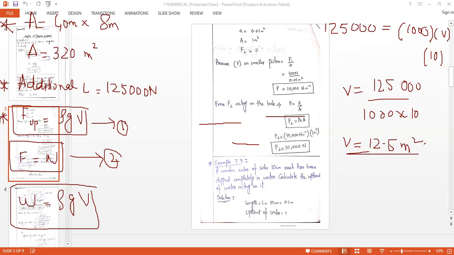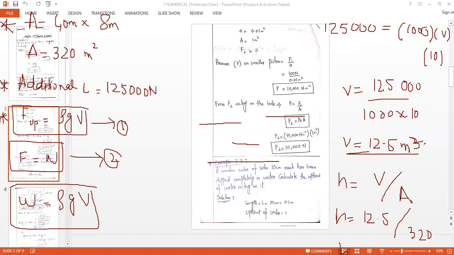We have to find the depth, that is how many meters it sinks. So H equals the volume divided by area, H equals V by A. So H equals 12.5 divided by area, which is 320. This is meter cube because of volume.